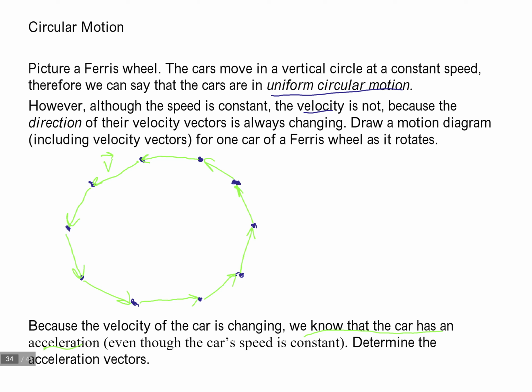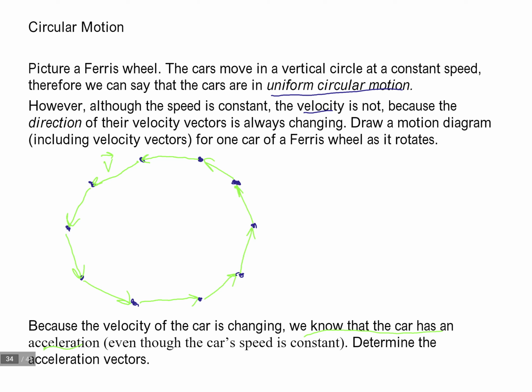Okay? Now, earlier in this chapter, we learned how to find the direction of the acceleration vector if we have the initial velocity and final velocity vectors. Okay? We can do that, just as a reminder, by taking the initial velocity vector.